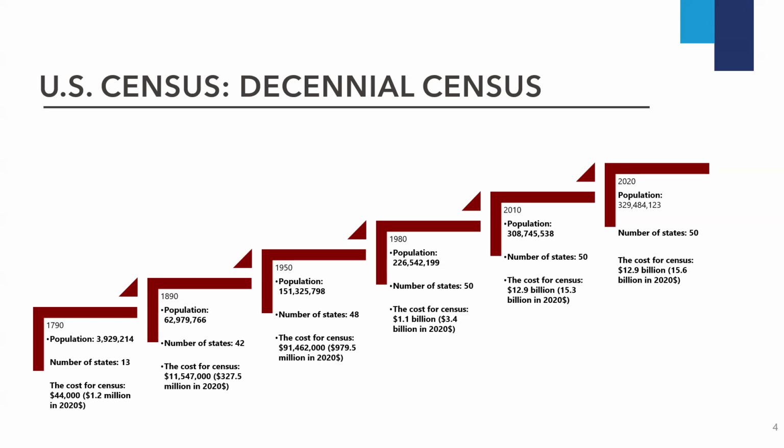Back in 1790, there were only 5 categories of individuals. Free white males aged 16 and older, and white males under the age of 16, so 2 categories. The third category was free white females, and the fourth category was all other free persons.